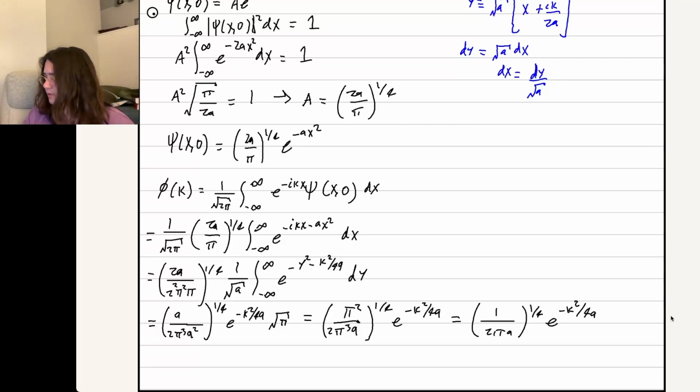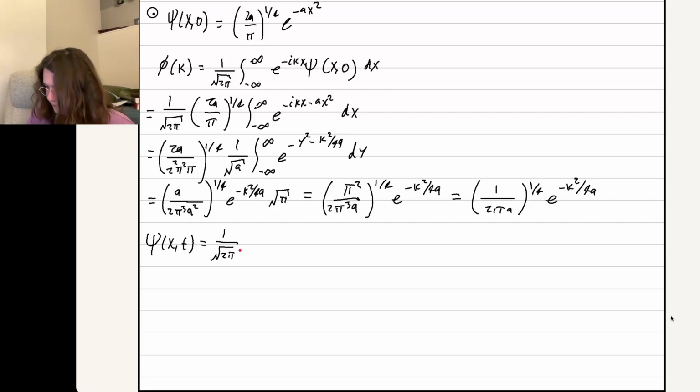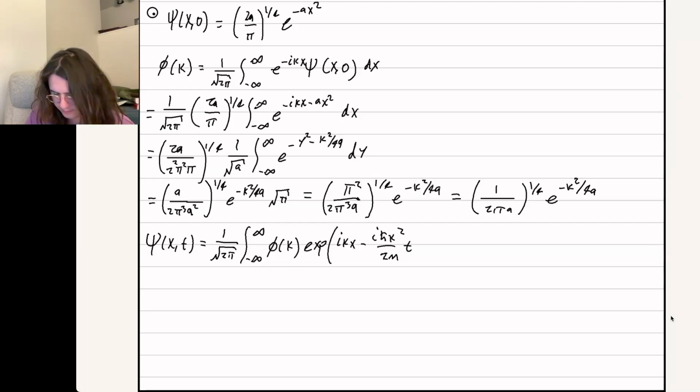So now we can actually construct psi of x and t, which is pretty much the inverse Fourier transform. So it's the integral from minus infinity to infinity of our phi of k, which we just found, times exp of ikx minus i h bar k squared over 2m times t, and you integrate that over k.